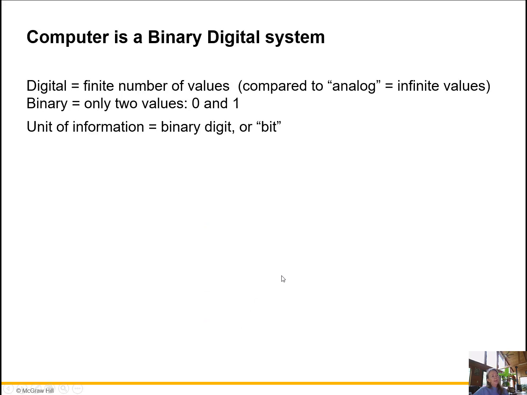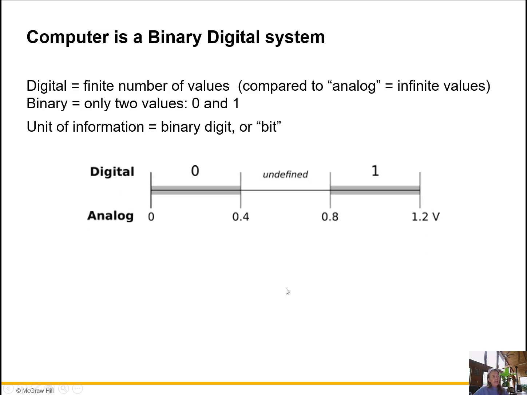So a computer is like this digital system. It's not continuous. It is just telling us on, off, or yes, no, or true, false. And here is the amount of voltage that makes up our ones and zeros. If we have a voltage that's between 0 and 0.4, we're just going to call it a 0.